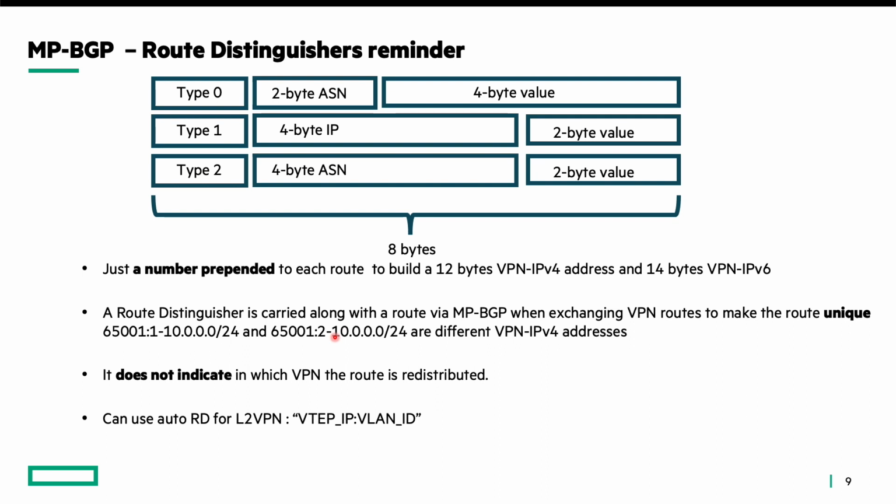When we are doing L2 VPN, you can see in the configuration we have this auto keyword for RD, which is convenient if we don't want to specify it manually on each device. What does auto do on CX switches? It will fill the RD with the VTEP IP address, which is usually the loopback, and the VLAN ID.